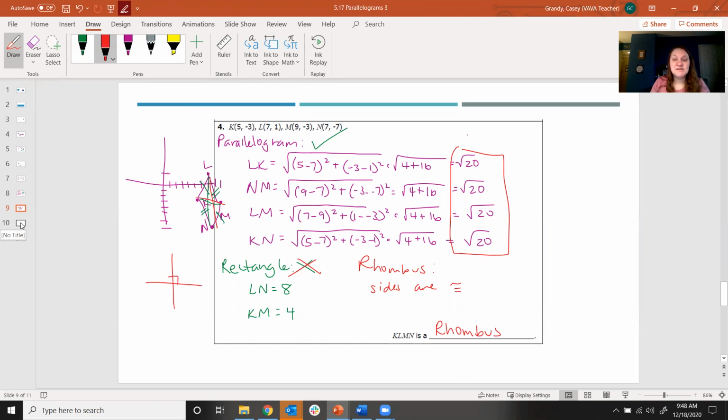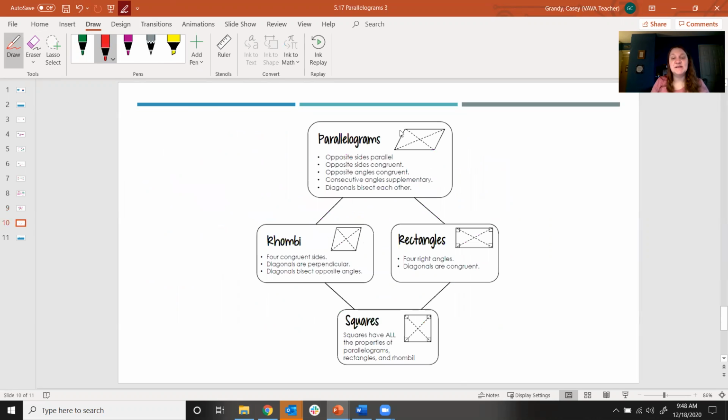At the end of these notes, I provided you with this little chart. I think it can be very helpful when studying. You have parallelograms and all of the properties of them. And then from parallelograms, you could have a subset of rhombuses or rhombi, and there's their properties. Or you could have a subset of rectangles. And if you have both rhombi and rectangle, it's a square. Okay?